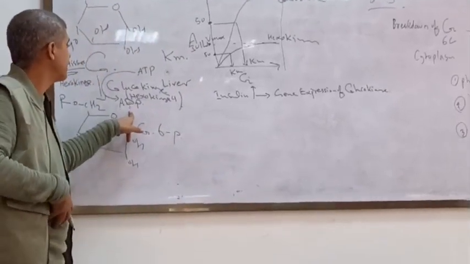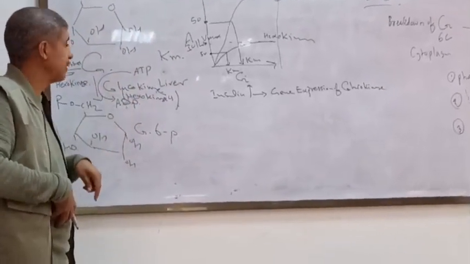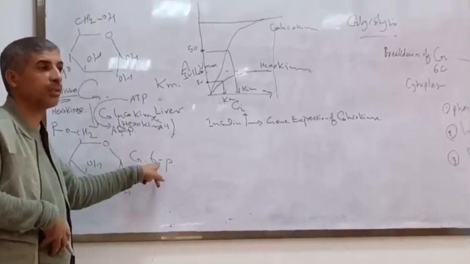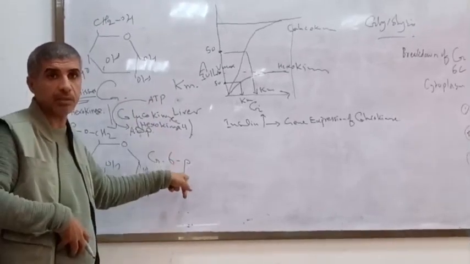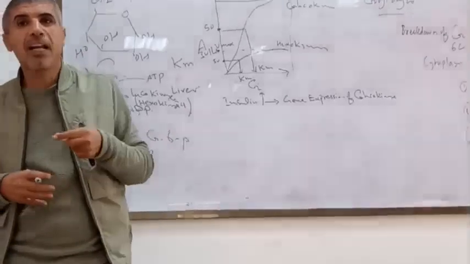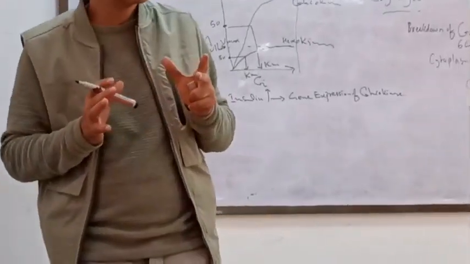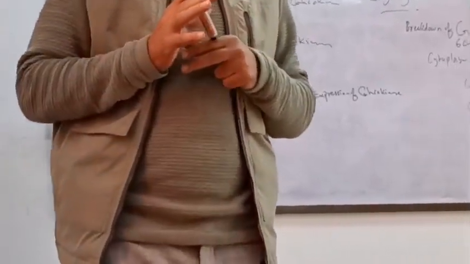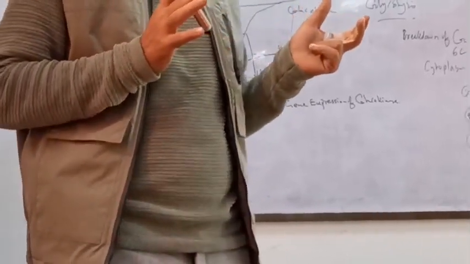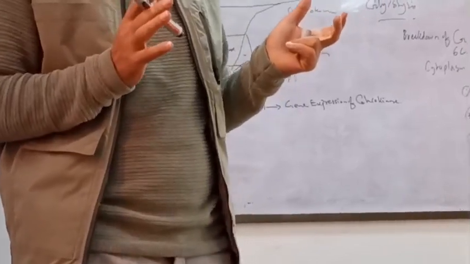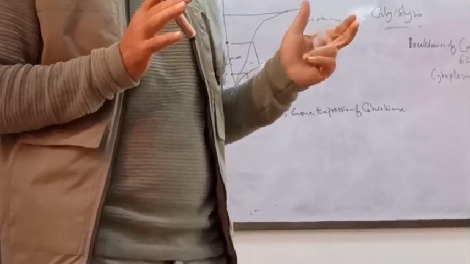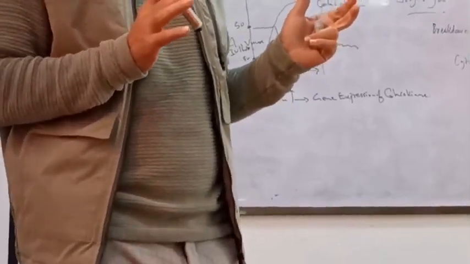Hexokinase is inhibited by ATP, by feedback inhibition of glucose 6-phosphate. Glucokinase is not. So there is a difference in regulation: hexokinase is inhibited by feedback inhibition, while glucokinase cannot be regulated by feedback inhibition.